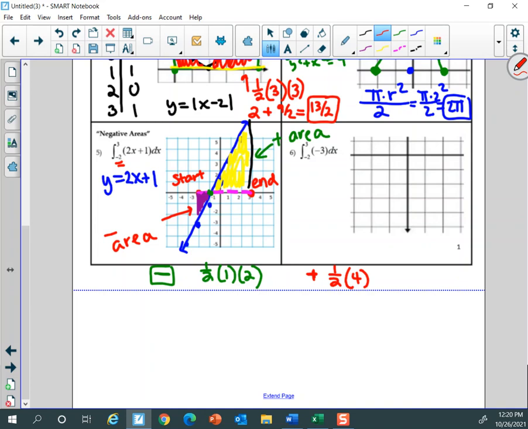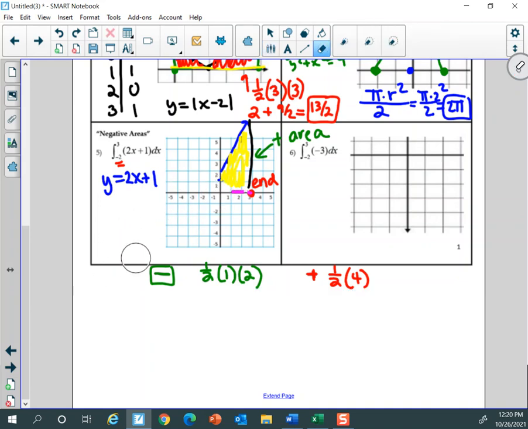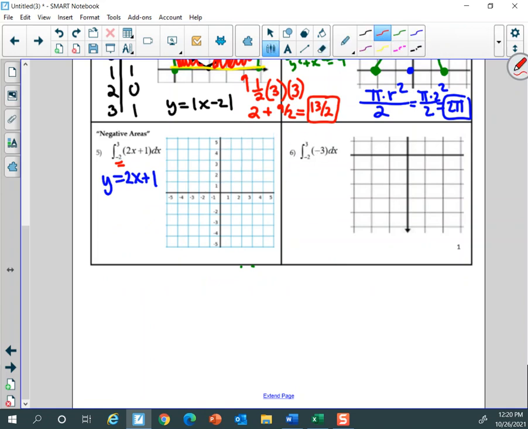Oops, hang on a second. Let me back up here. My picture doesn't look great. Let me make my picture a little nicer. Back it up. All right. So at -2, oh, because that's that line. Okay, up 2 over 1, up 2 over 1, up 2 over 1.